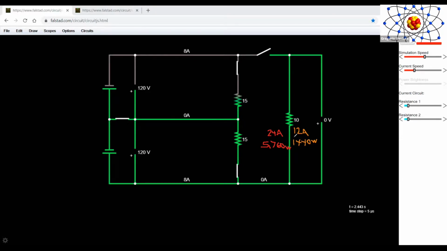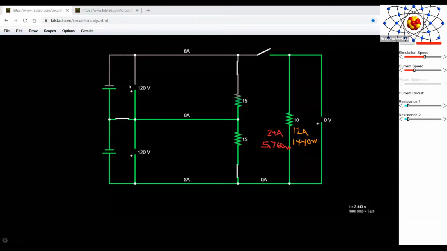So that being said, the importance of having 240 for heavy loads rather than 120 is that we will be able to have a higher amount of output power with a significantly smaller amount of current. And you may wonder, how are you telling me significantly less current?